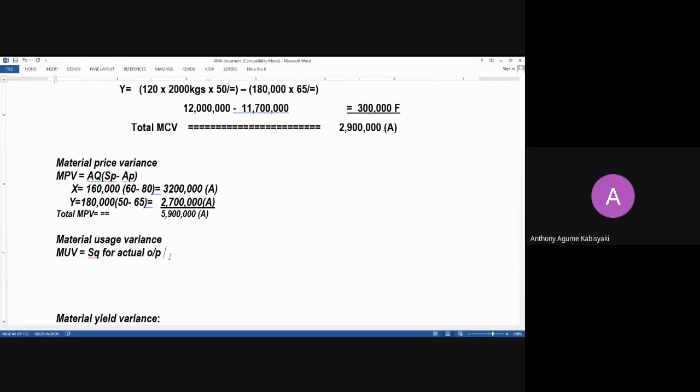Minus actual price. How do you get quantity minus price? Can you subtract the two?